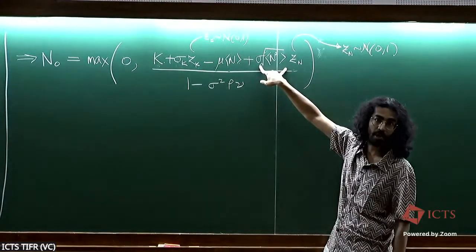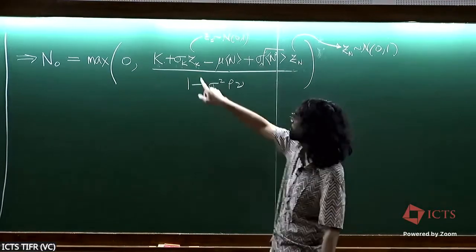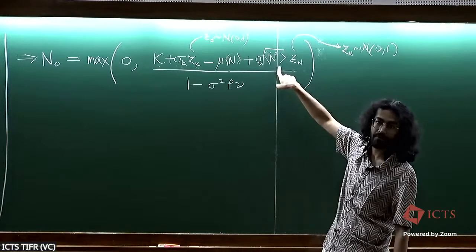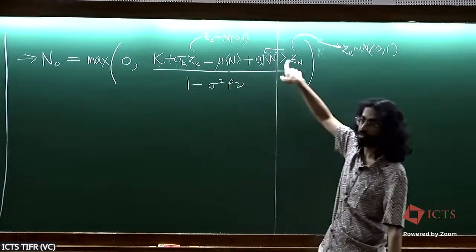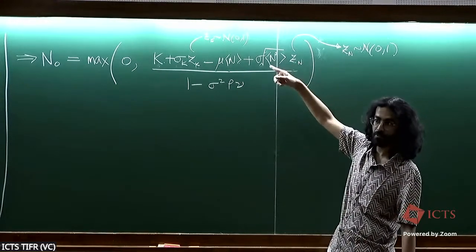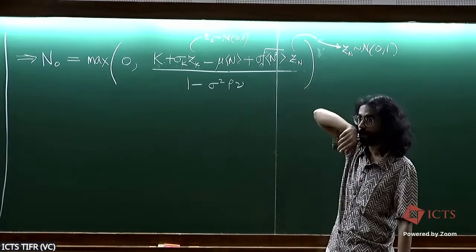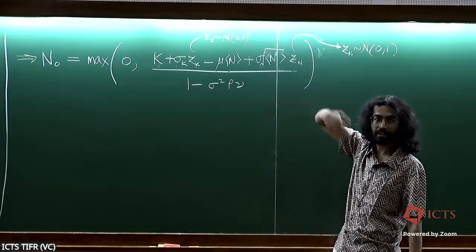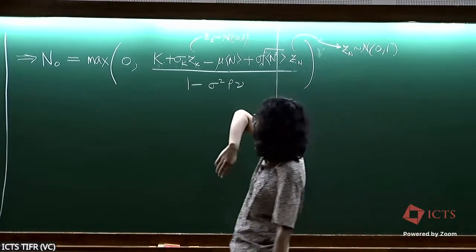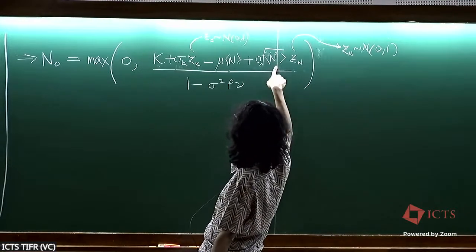What's the sum of two Gaussian random variables? Another Gaussian random variable. What's going to be the mean of that Gaussian random variable? 0, right? This is mean 0. And what will be the standard deviation? You sum up the variances and take the square root, since the variances add up. So that will be the root of sigma k squared plus sigma squared mean n squared.